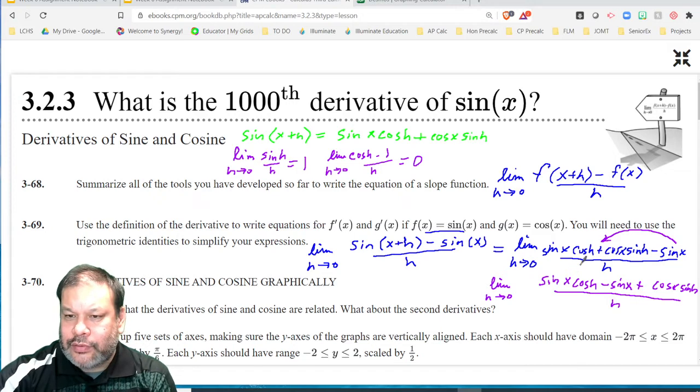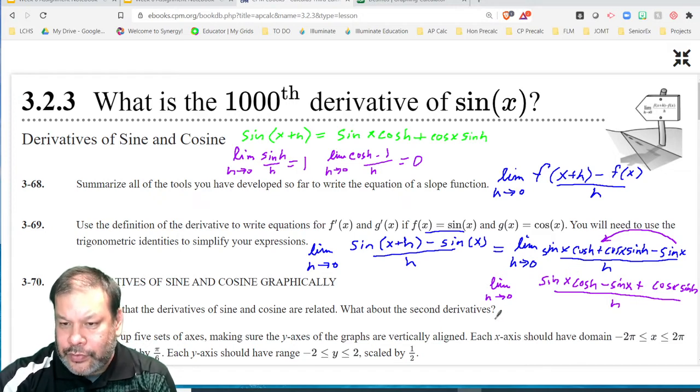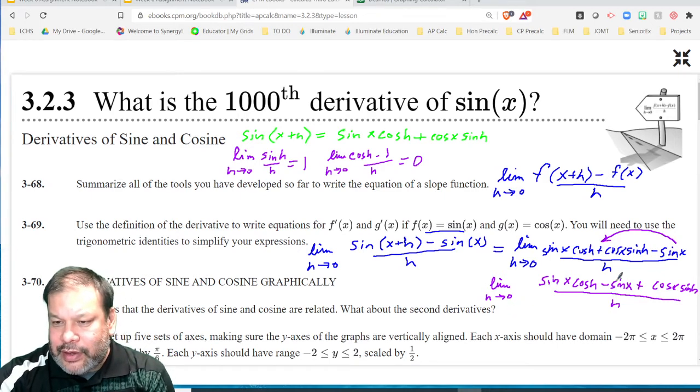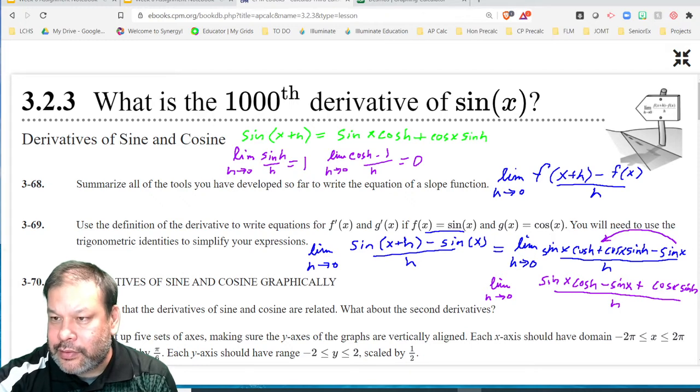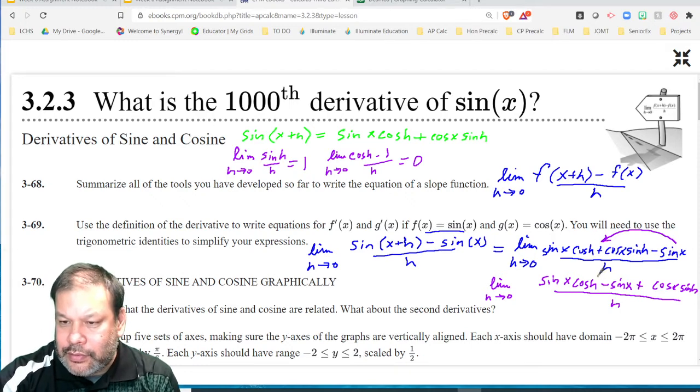And then you can also do this for cosine using the cosine angle sum identity. So I'm going to factor out sine of x from here.